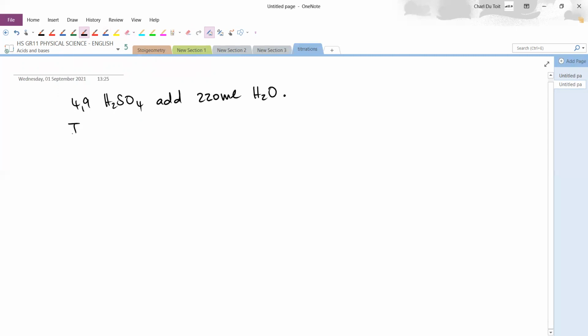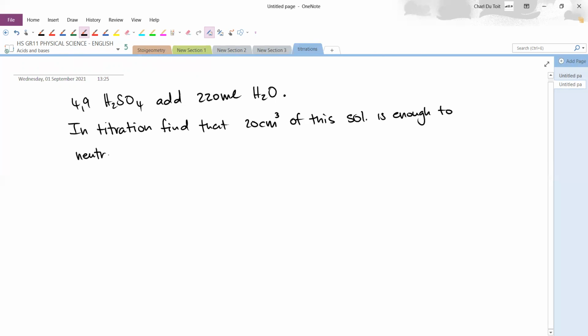Then, in a titration, we find that 20 cubic centimeters of the solution is enough to neutralize, and neutralize is an important word, 28 cubic centimeters of sodium hydroxide.